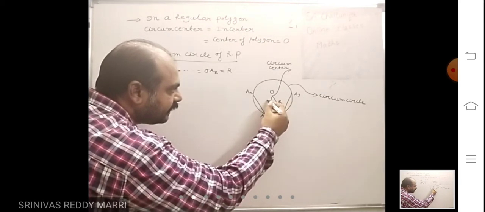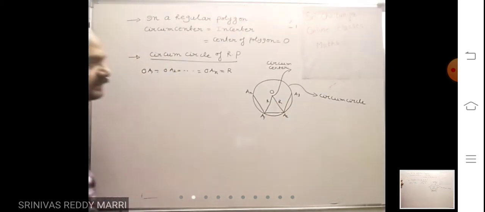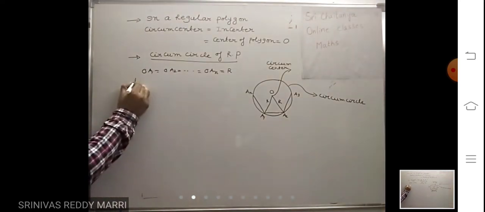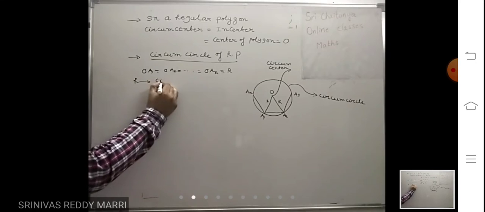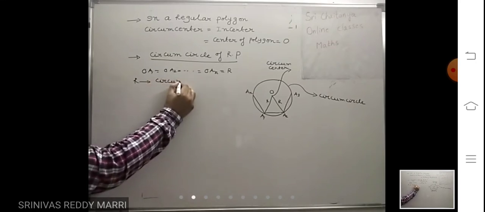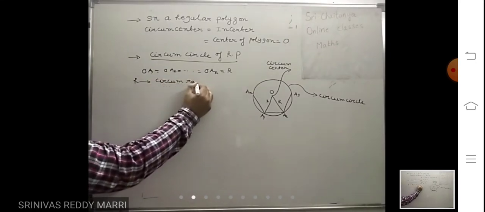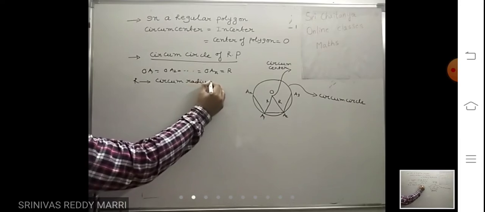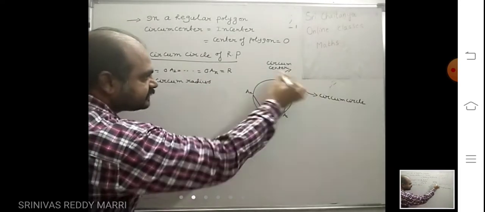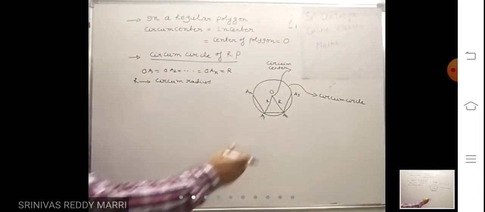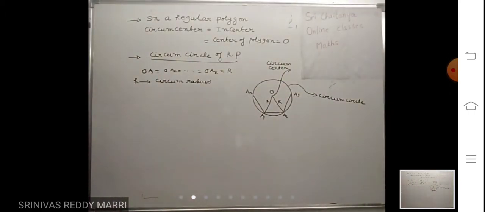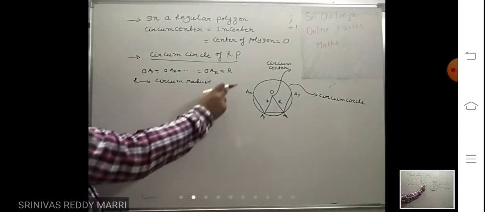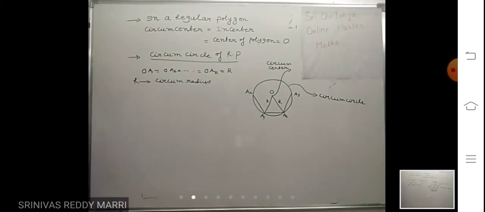Let us say capital R, where R is called circumradius. It is the radius of this circle which passes through all the vertices of the regular polygon, denoted by capital R.